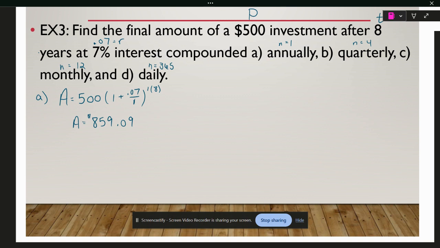The only thing that's going to change is the N value. So when you do letter B, it's going to be A is equal to 500 times 1 plus 0.07. Since it's quarterly now, it's divided by 4, and then 4 times 8.